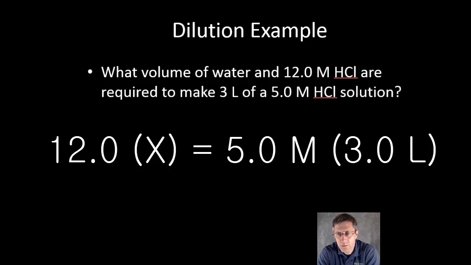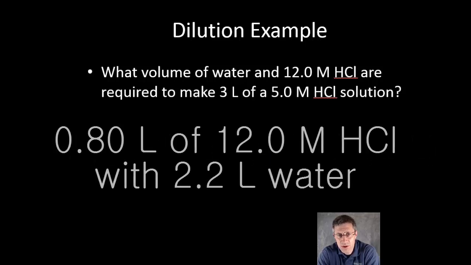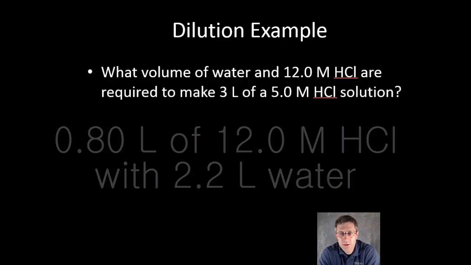And when I put it in my calculator, I discover that it comes to 0.80 liters of hydrochloric acid. And I want to bring that solution up to 3 liters, so the difference is going to be the amount of water that I add. So I'm going to add 0.8 liters of hydrochloric acid and 2.2 liters of water to that solution.